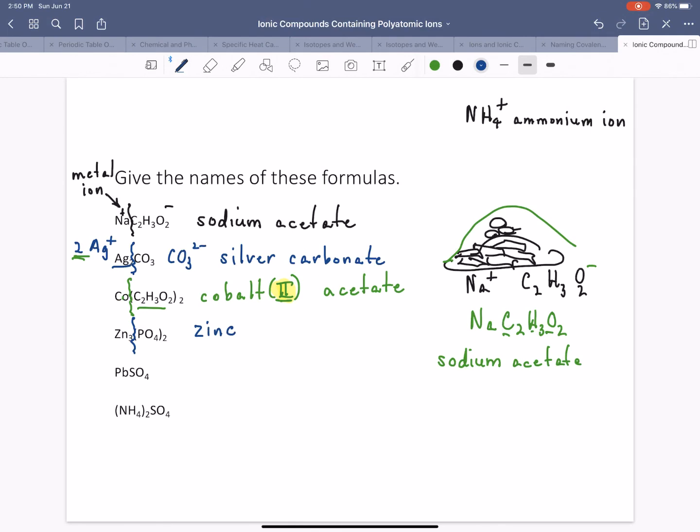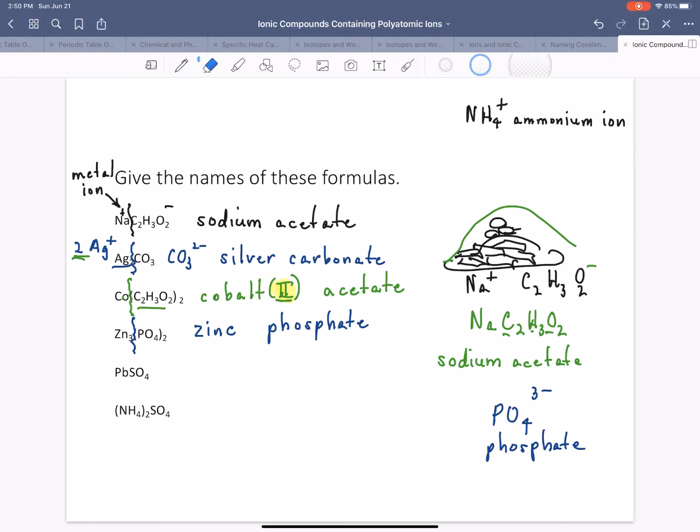And then this chunk of charge, PO4, and I've just memorized 3-, that's phosphate. So here we have a zinc phosphate. I don't say zinc 2 phosphate because the only possibility for a zinc ion is +2.